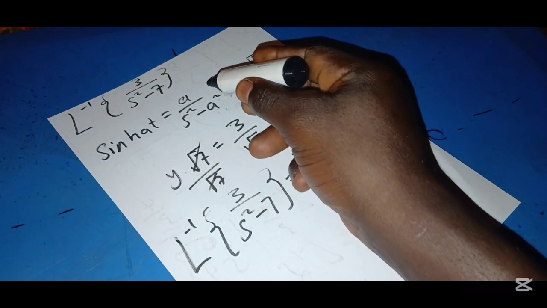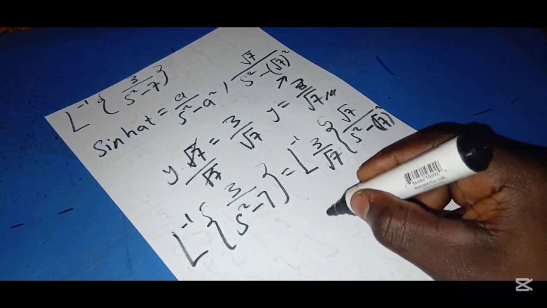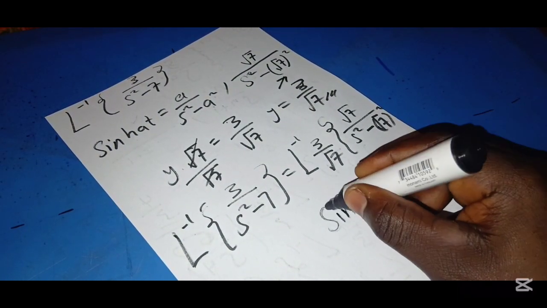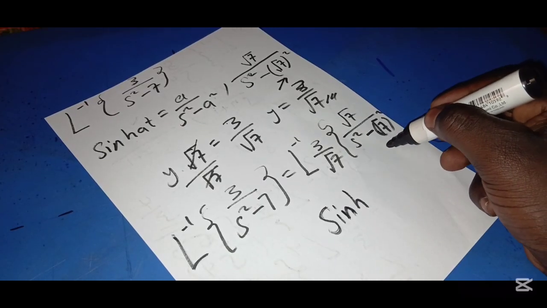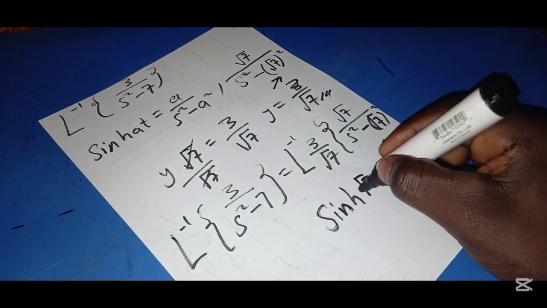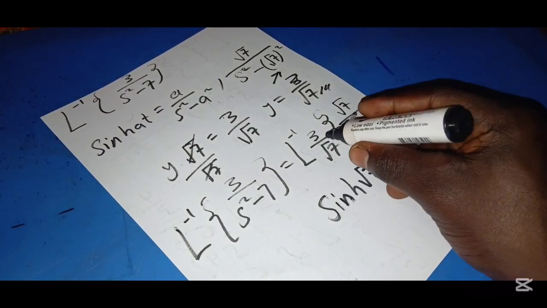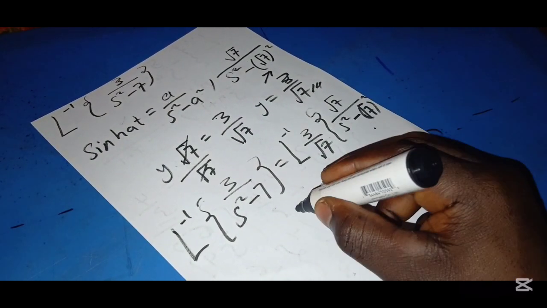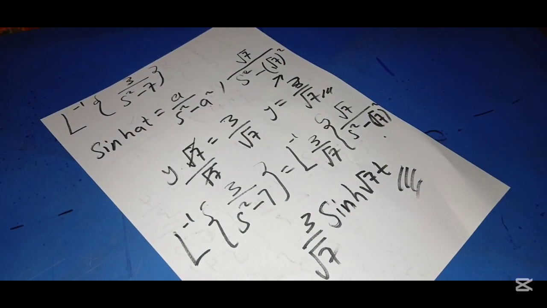Since we are converting something like this into this form, we know that it is a sinh function. Sinh what? And our value for a is what? Square root of 7. Square root of 7 t, and we had a constant which is 3 over square root of 7. So that's it for this problem.